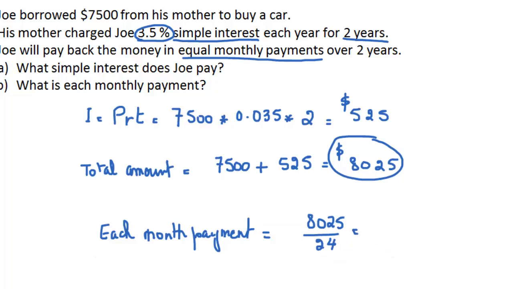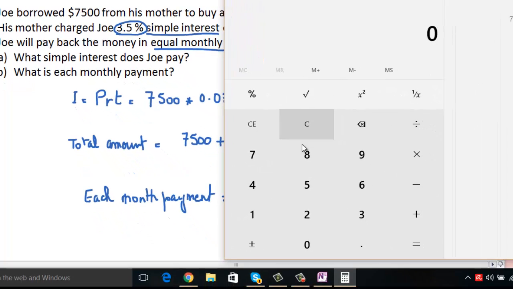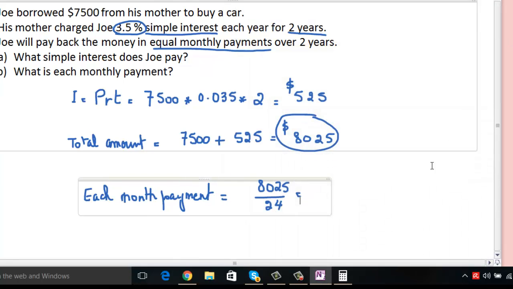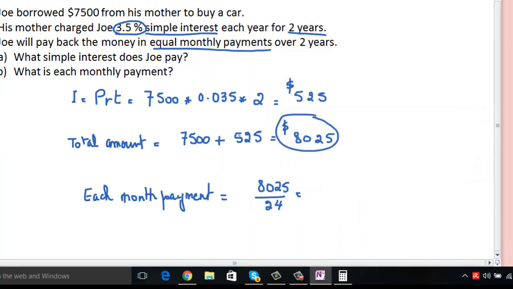So 8,025 divided by 24. So 334 and 38 cents. This is the amount that he has to pay each month during the 2 years. So again, it's 334 and 38 cents.